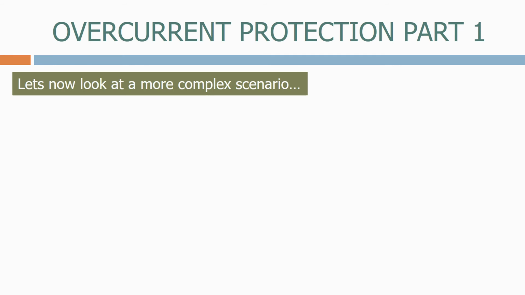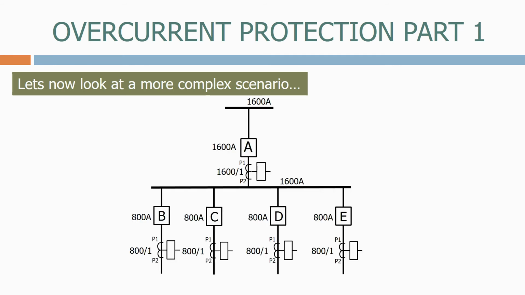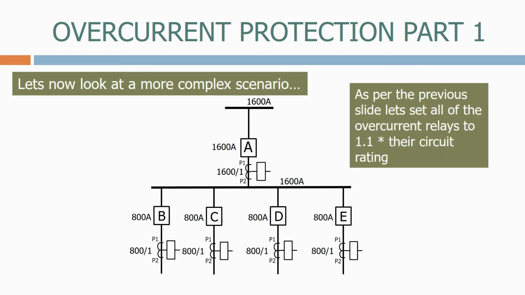Let's now look at a more complex scenario. Here's a typical distribution network, with a 1600 amp incomer feeding a bus bar, which then feeds some 800 amp feeders. As per the previous slide, let's set all of the overcurrent relays to 1.1 times their circuit rating.